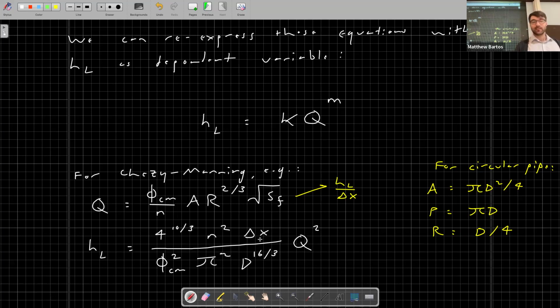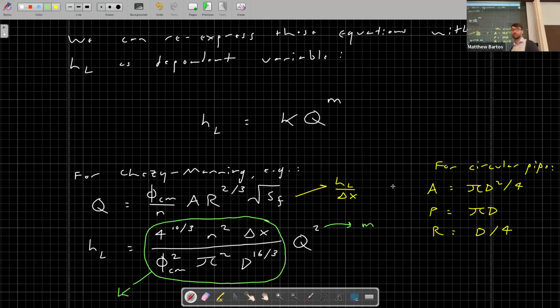So in this case, if we look at this entire expression, this here becomes K, and this exponent here becomes M. So we can write our Chezy-Manning equation in the form: the head loss is equal to some coefficient K times the discharge to the M power, M as in Mountain.